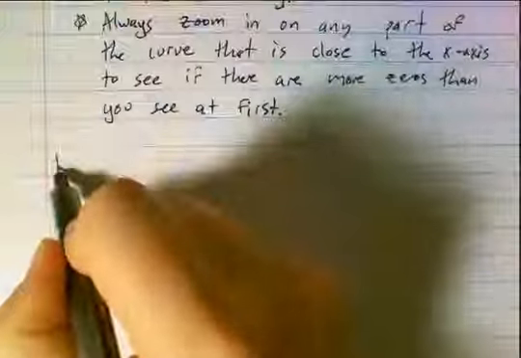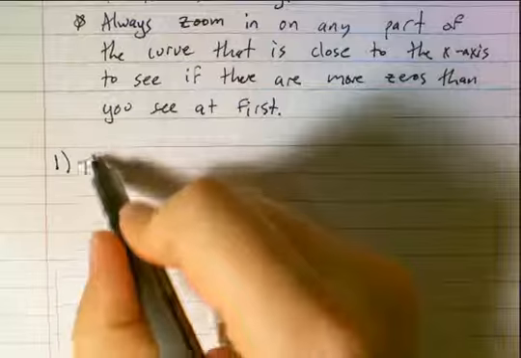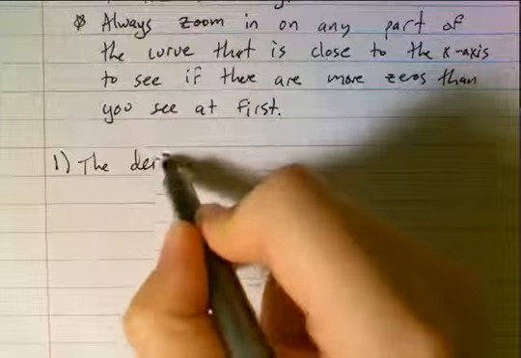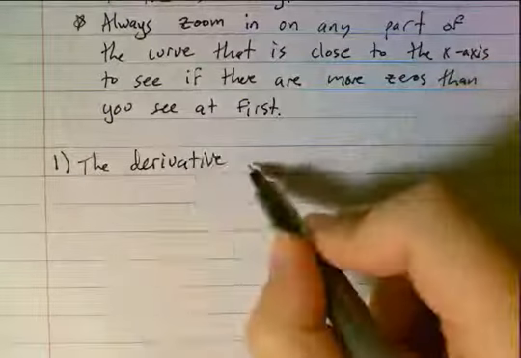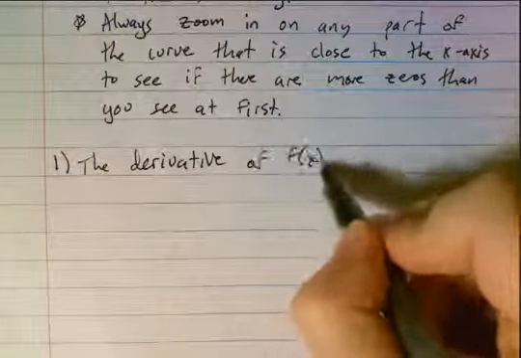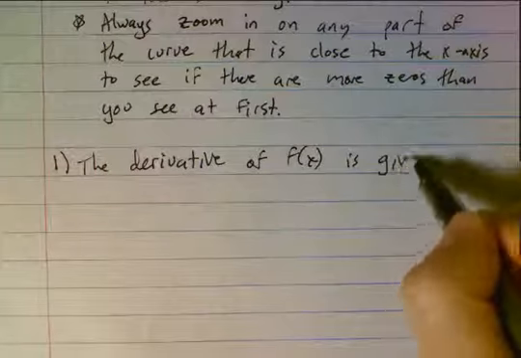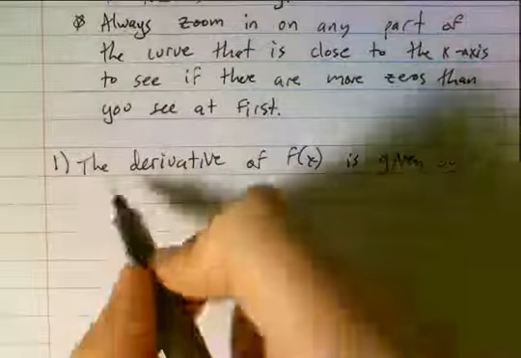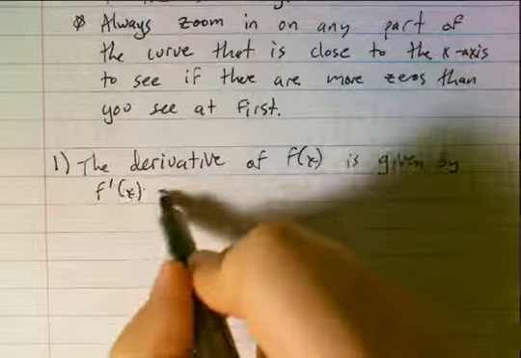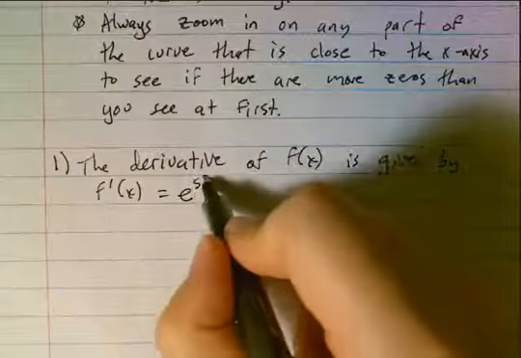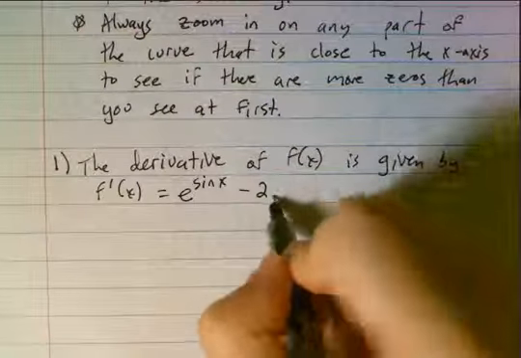So let's give an example. Please type. The derivative of f of x is given by f prime of x equals e to the sine x minus 2.